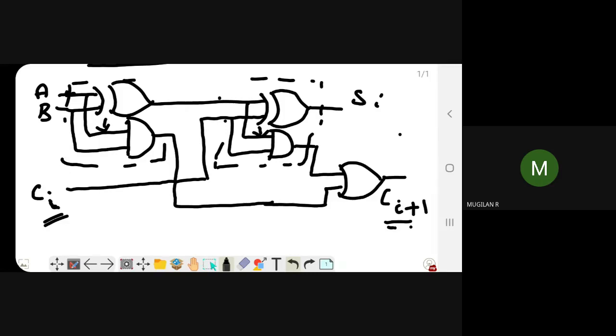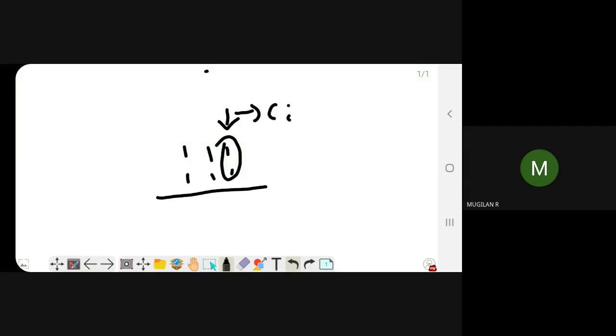For example, if I am adding these 2 bits, at present the carry which is ready for doing its function is Ci. After adding all these values, I will get a carry here, which for this state is the Ci plus 1.